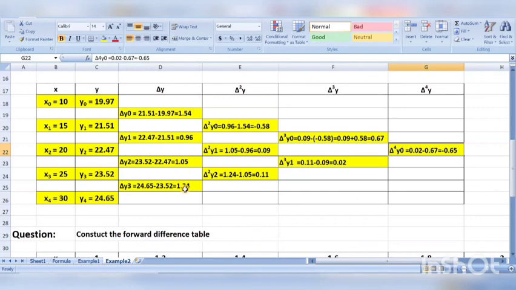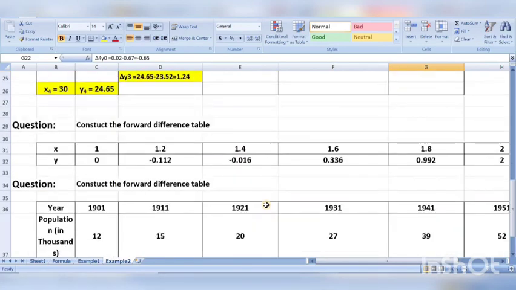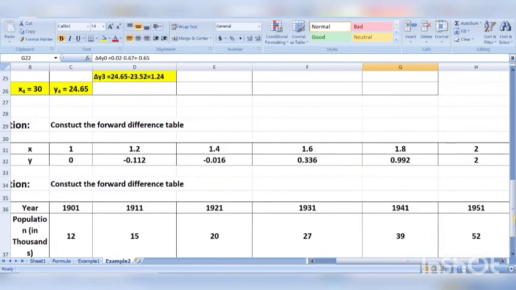So this is a practical demonstration which I have shown to you, of how we construct the forward difference table. You have to do a lot of practice for this forward difference table, how to construct it, because this has a major role in the Newton's interpolation formula. So here are some examples for the practice. See this.